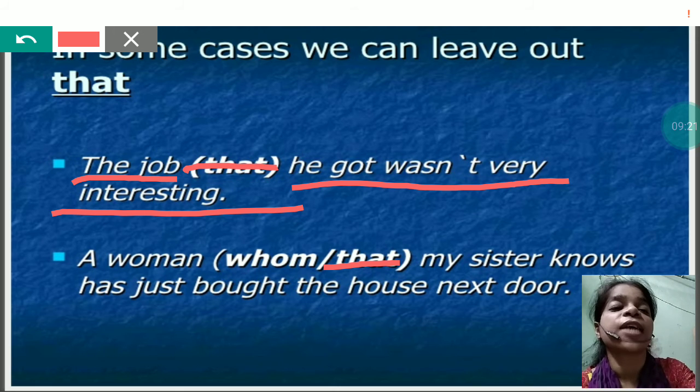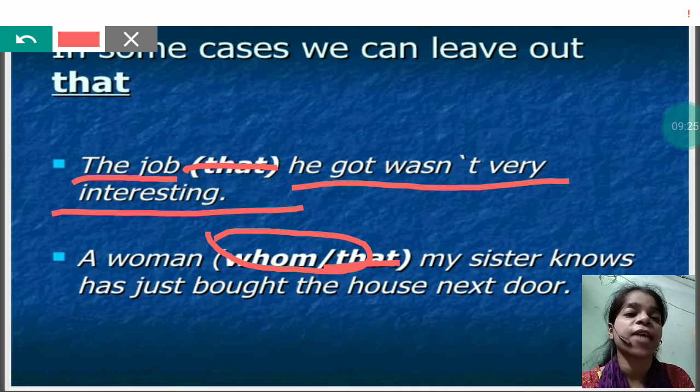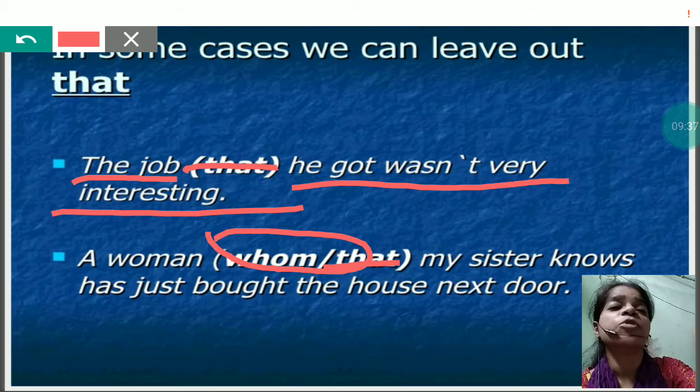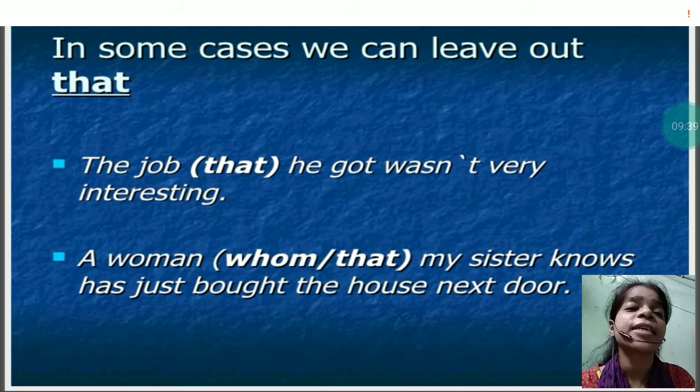Or you can just remove these two words and write like this also: the woman my sister knows has just bought the house next door. It means in some sentences we can just omit the word that.